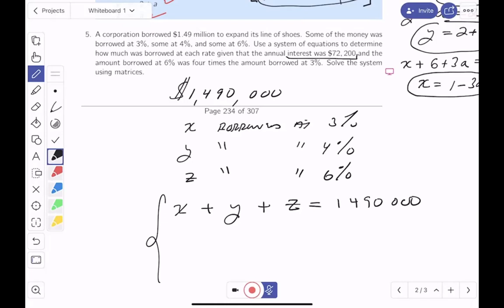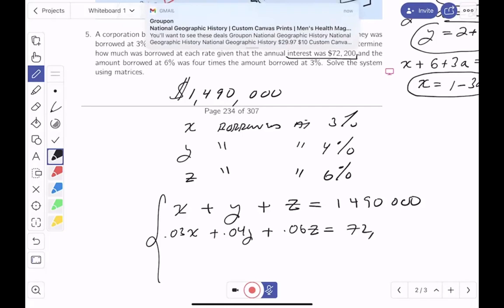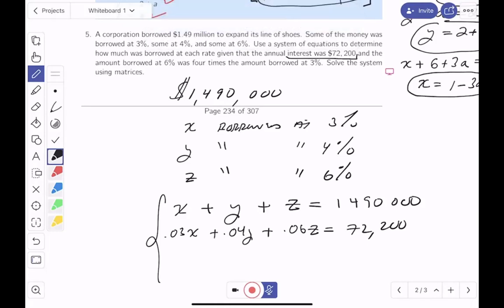Well, let's write this down. 0.03x plus 0.04y plus 0.06z is equal to 72,200. I got that covered. All right, I got 3 equations, 3 unknowns here, right? And the amount borrowed at 6% was 4 times the amount borrowed at 3%.